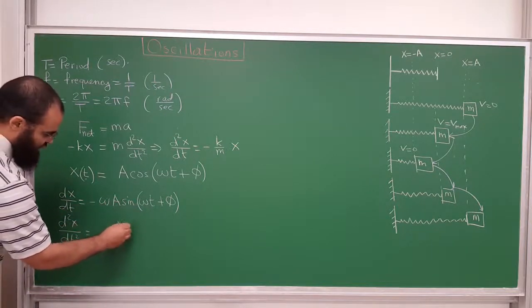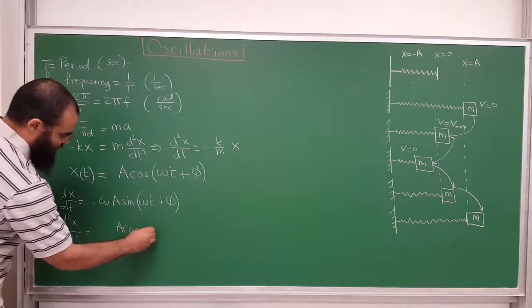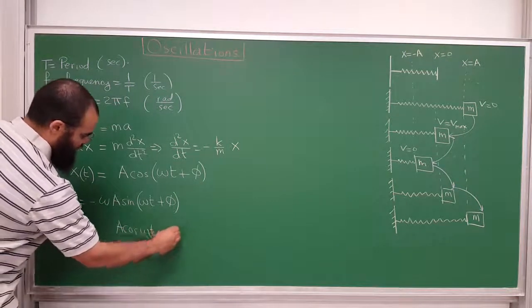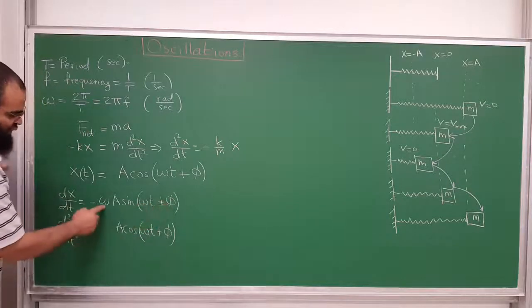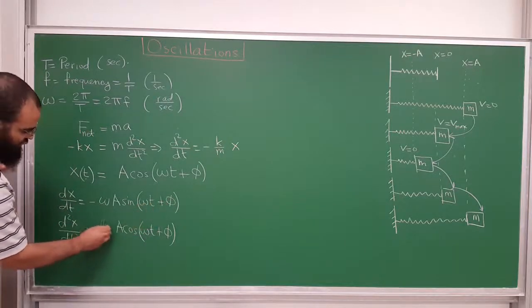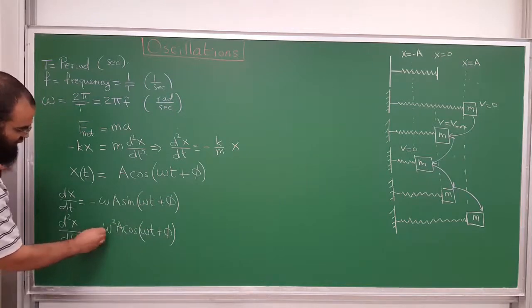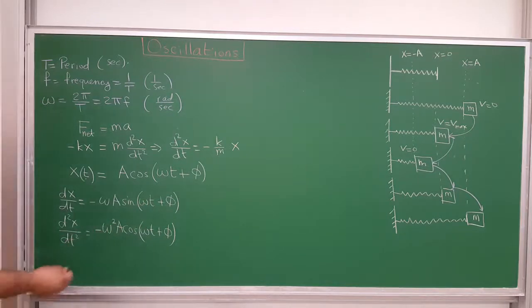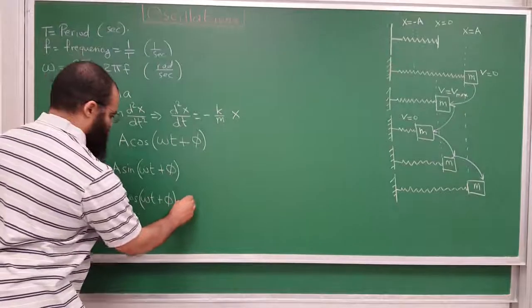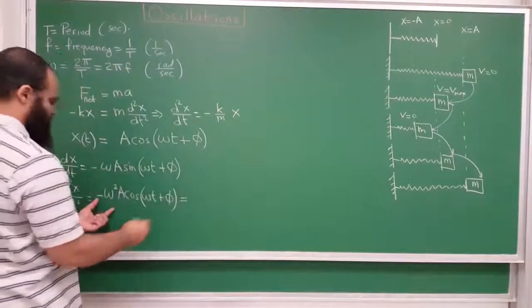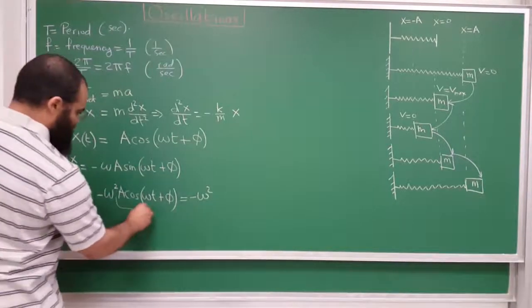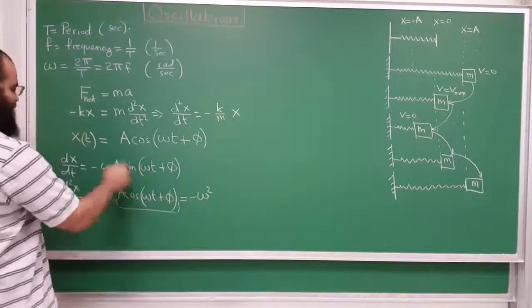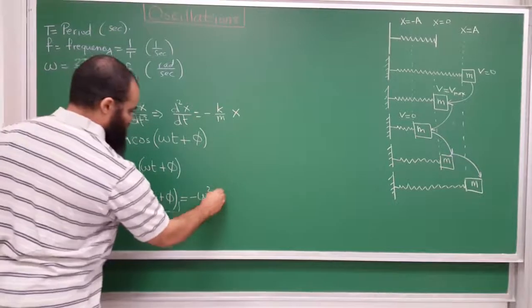So you have A times the cosine of omega t plus phi, and the derivative of the inside gives you another omega, so that's an omega squared, and don't forget the minus sign. So you get negative omega squared times A cosine of omega t plus phi, which is exactly x. So this is x.